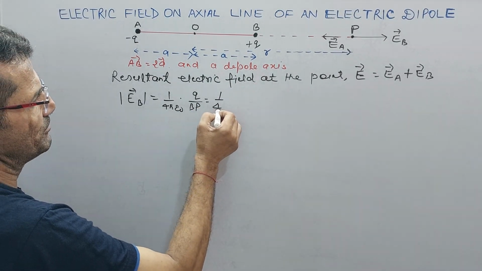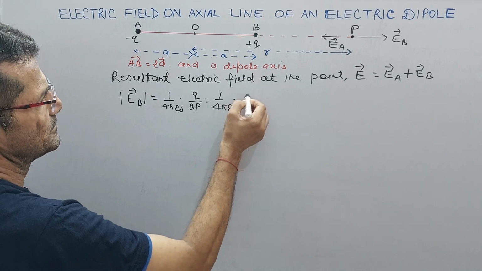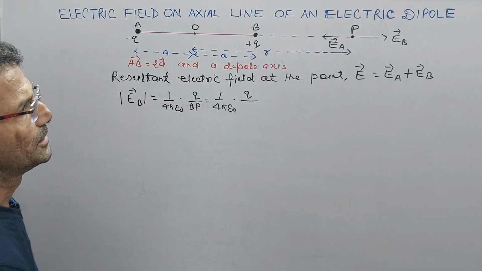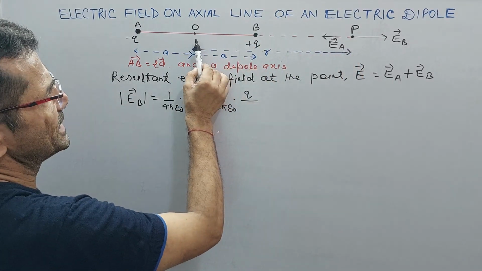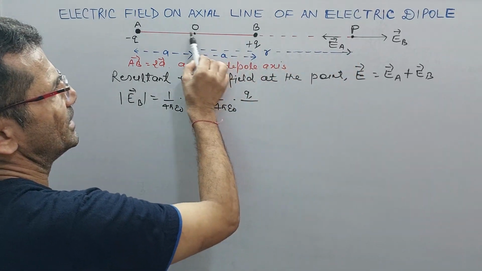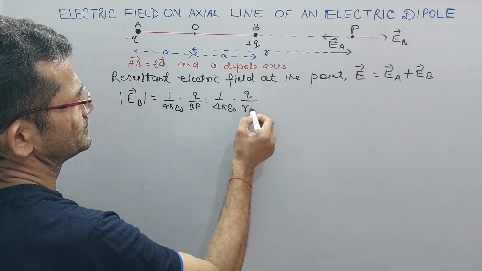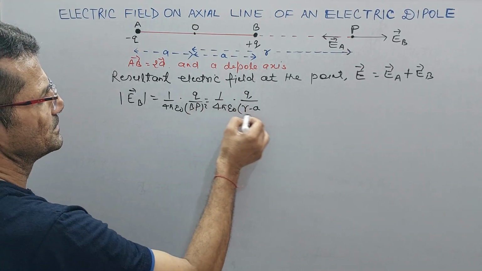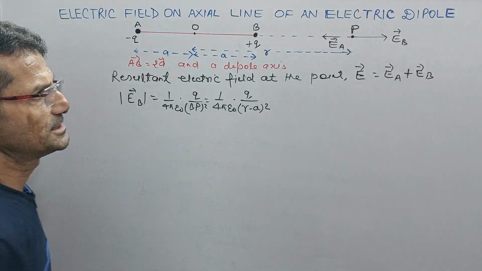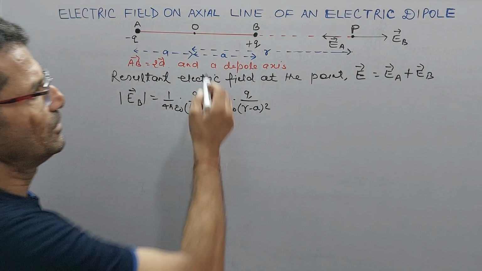Now putting the value of BP, which is OP minus OB. It means R minus A, squared also. Now its direction is along BP.